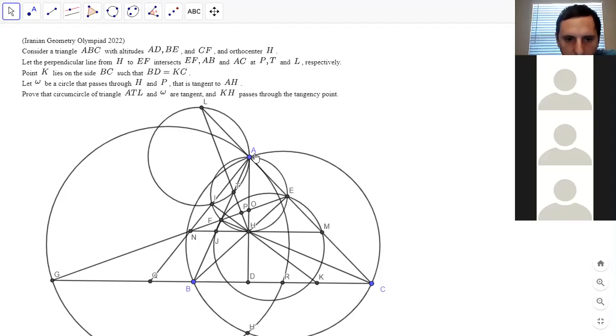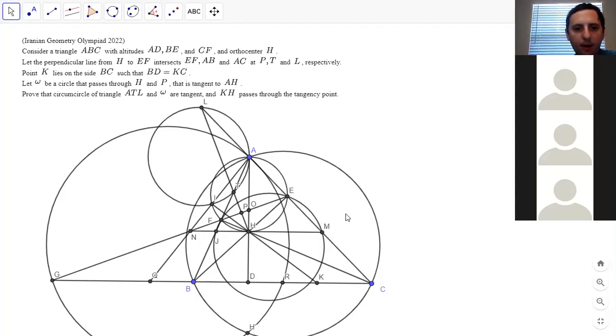I think it's a little hard because we haven't found the way to use circumcircle AIL. Originally in my solution, I defined I to lie on omega first, and then I proved that ALIT is cyclic later. But you can just use your way if you want to.